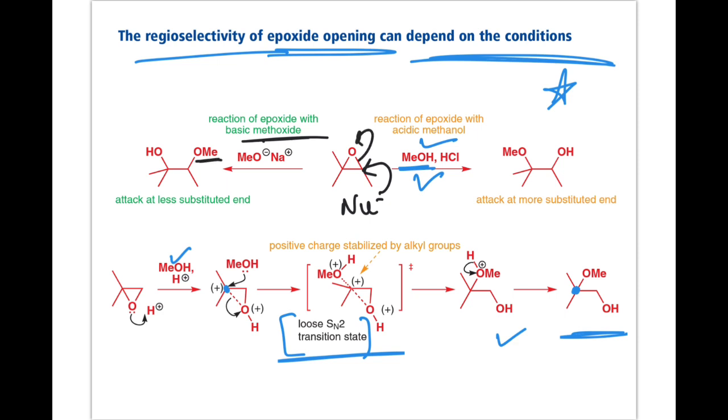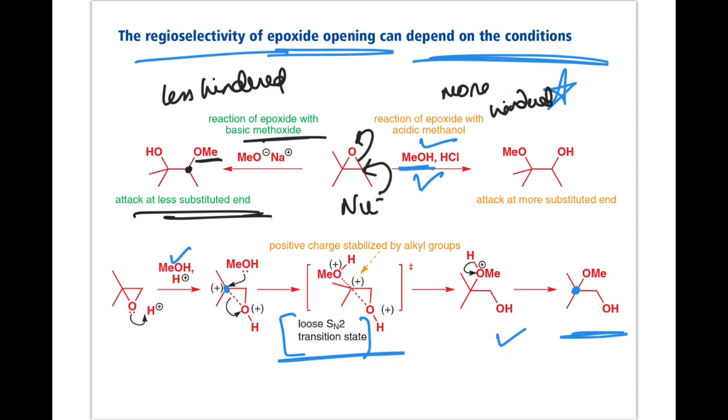So the methoxide is a more powerful nucleophile and opens the ring from the less substituted carbon. Right? This is most important. In the presence of a base, the attack is from the less hindered side, right? And in the presence of an acid, the attack is from the more hindered side. All right? Now you know the reasons of both of these.